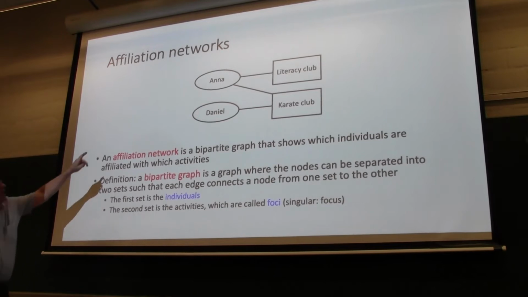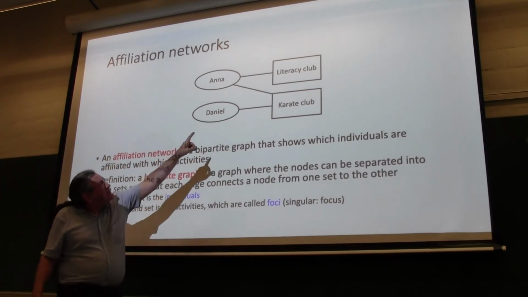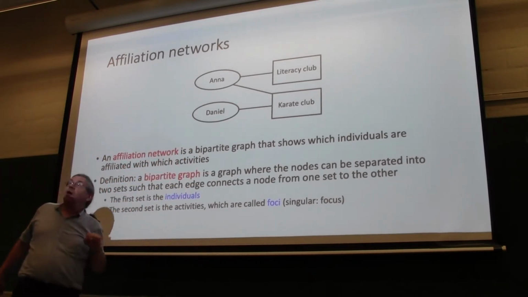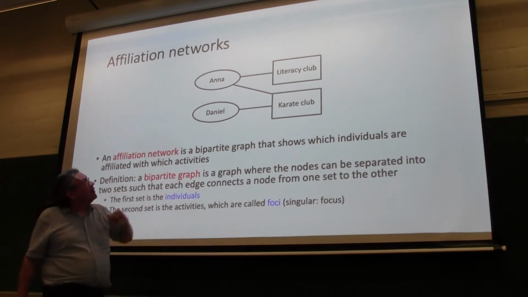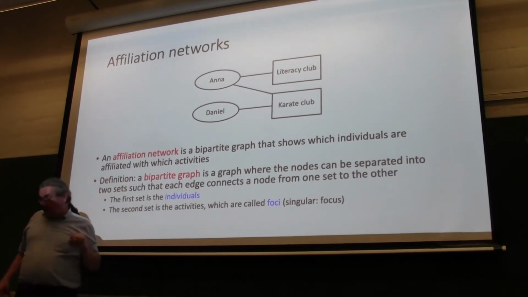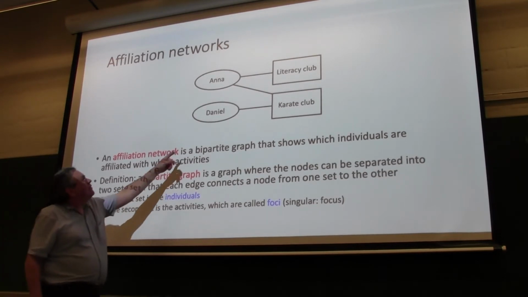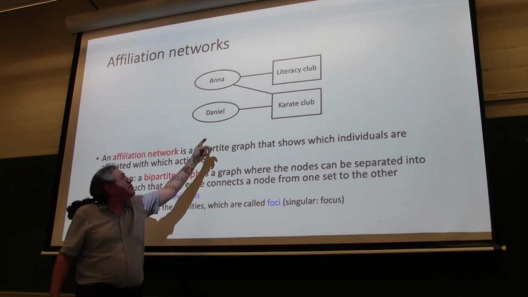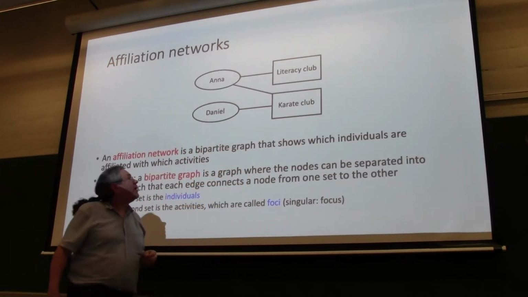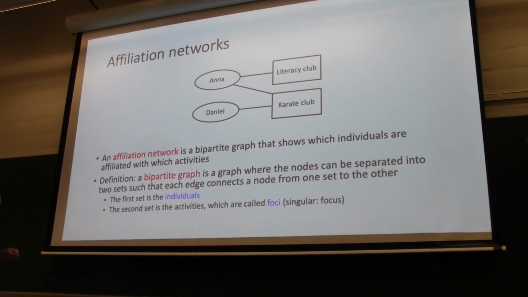For example, Anna in this graph is a member of the literacy club and the karate club. So she likes to read books, but she also likes to chop other people. Daniel does not especially like to read books, but he also likes to chop people. He's also in the karate club.